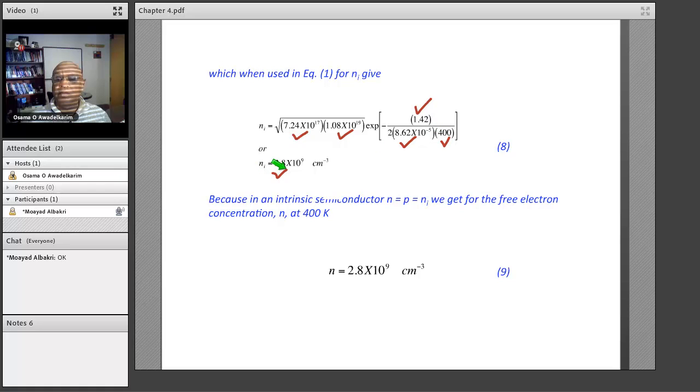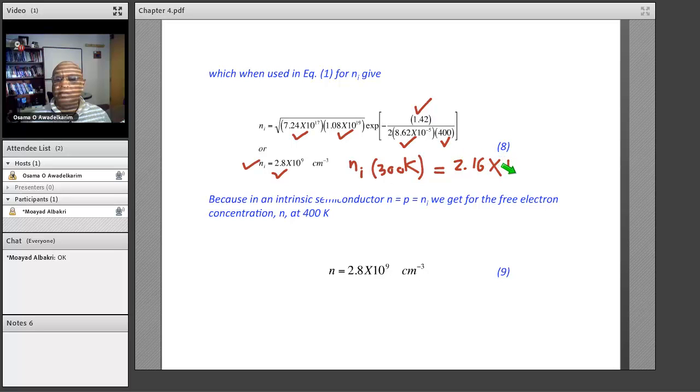You see, if you increase the temperature by 100, now you get more free electrons and more free holes. So that is your Ni. Remember, Ni at 300 Kelvin was much smaller. At 300 Kelvin we got Ni equals 2.16 times 10 to 6.